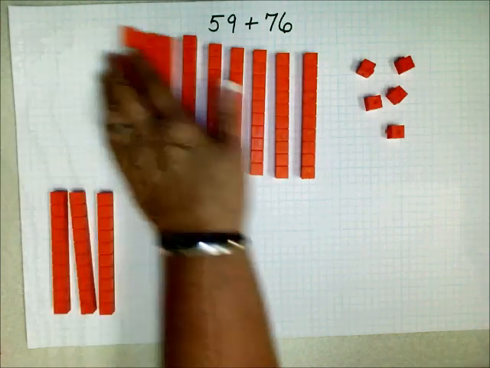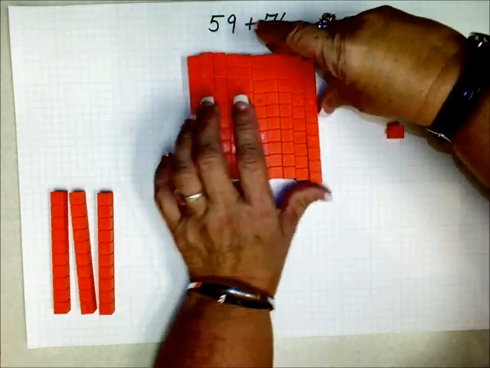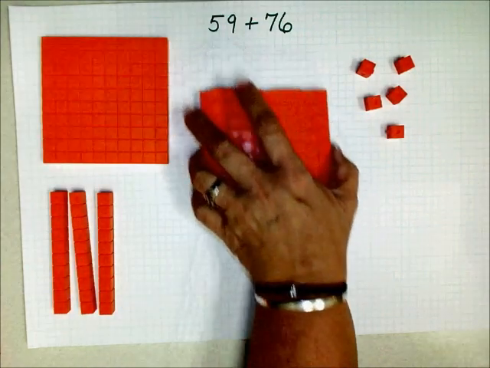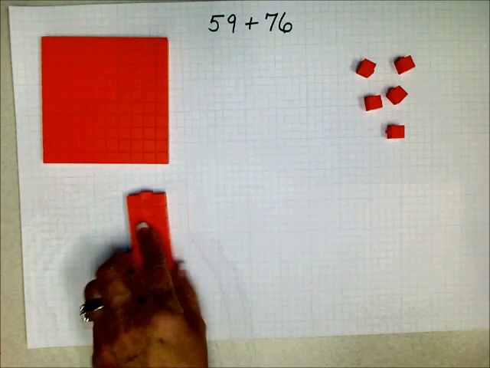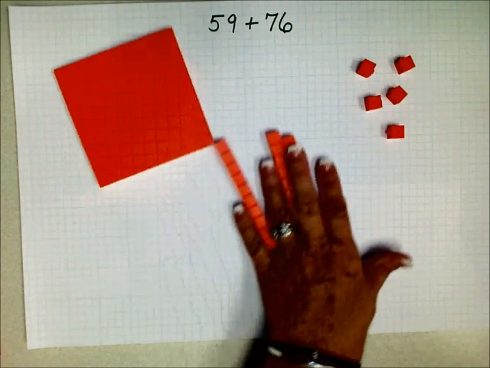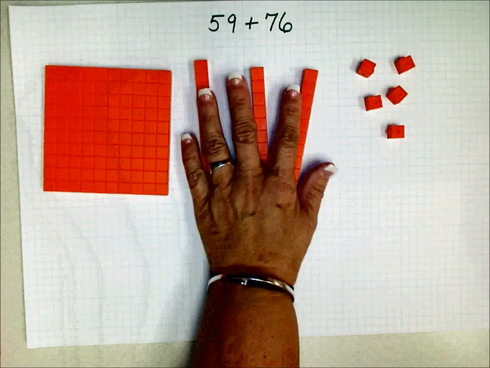So if we put those together, then we have the equivalent of 1 flat. So I'm going to take these off and replace those with 1 flat. So now I have to do something with these, so I'm going to put these right up here and put these here in place value order.